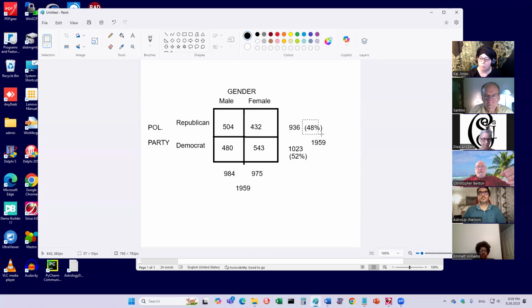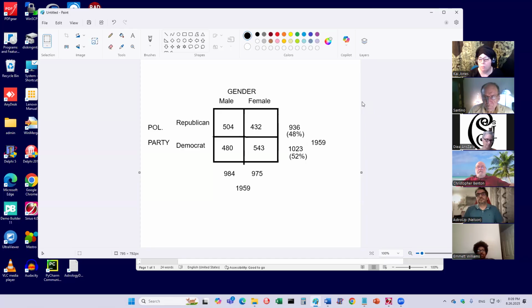And if you got 975 females, you'd expect about 48% of them to vote Republican. And what we're doing reduces to a very simple formula.